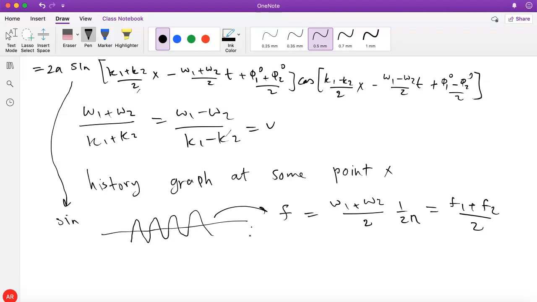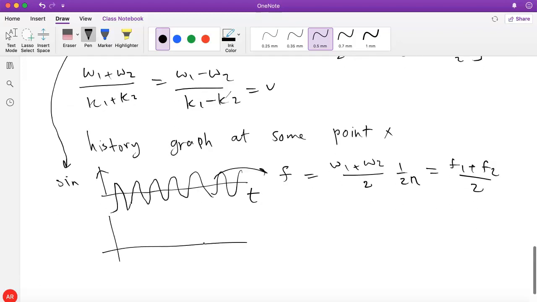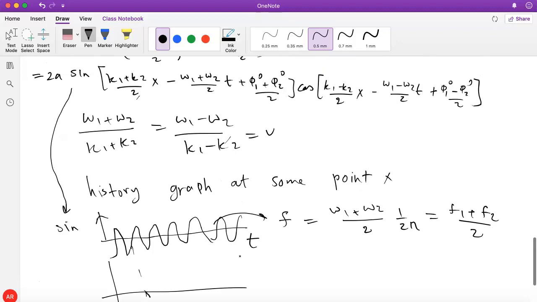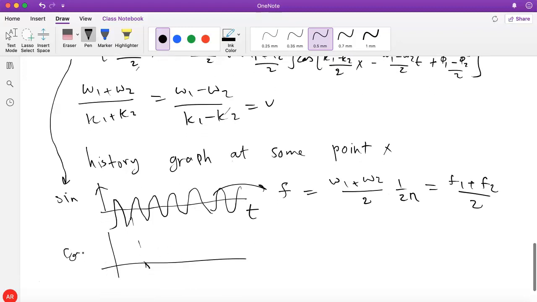So let's say this is time, this is the history graph, this is just that sine function, and that's a high frequency, much higher than the frequency of the cosine term. The cosine term has some arbitrary phase shift; let's say here, it's going down that way. But it has a much lower frequency. That's the cosine term here.